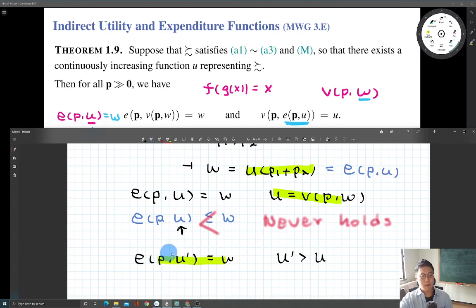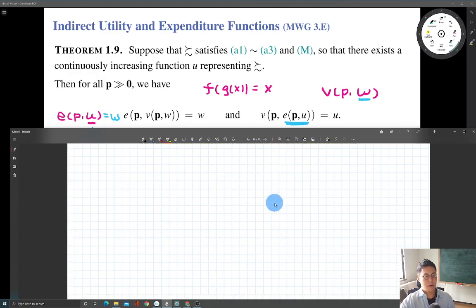That is, the minimum expenditure necessary for attaining this higher level of utility than U turns out to be W, meaning that with the same amount of money, the consumer can achieve a higher level of utility than this indirect utility. That is a contradiction. So we must have equality between these two. So that proves the first result.